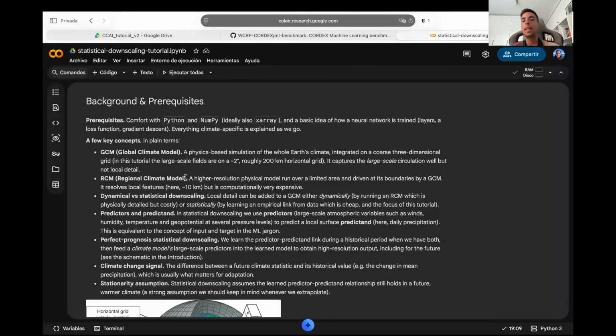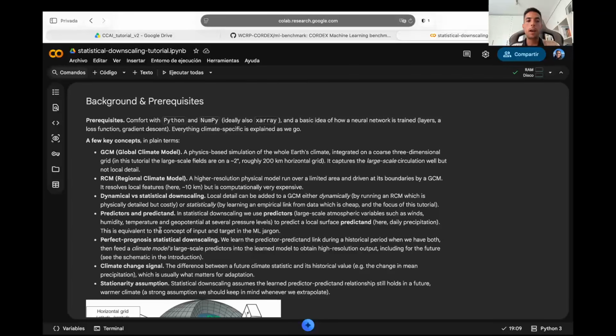The issue with dynamical downscaling is that it is computationally expensive, so it is not easy to generate simulations for different GCMs or different future scenarios because we require a lot of computational power. And actually that's why statistical downscaling is interesting, because we can do the same without having to run these expensive regional climate models.